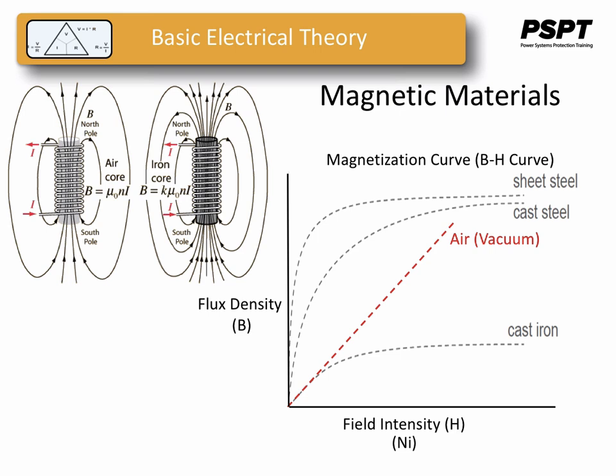So we end up with these curved lines, which have what they call a knee point, as well as a saturation level.